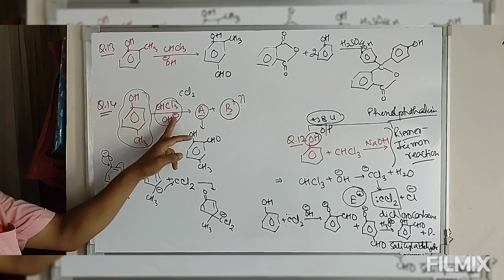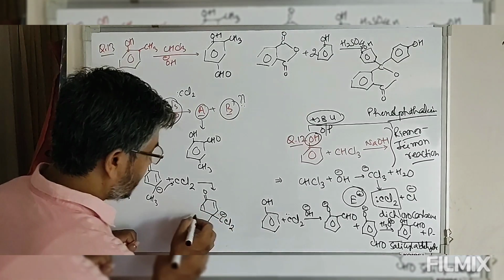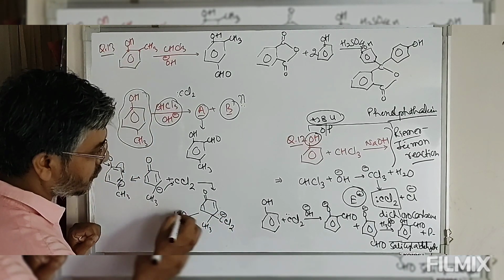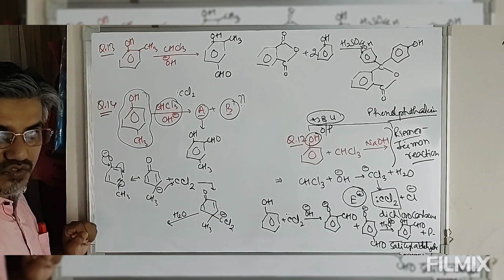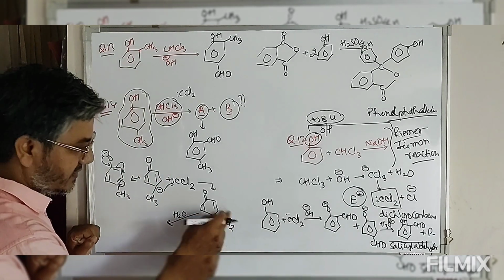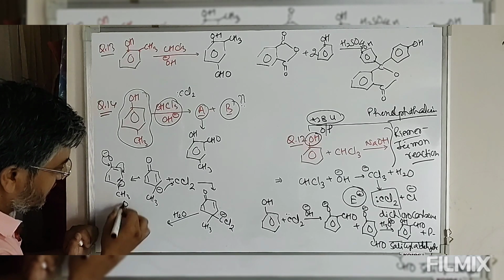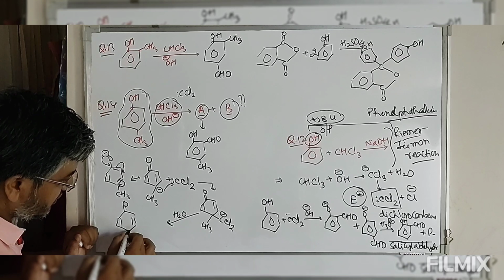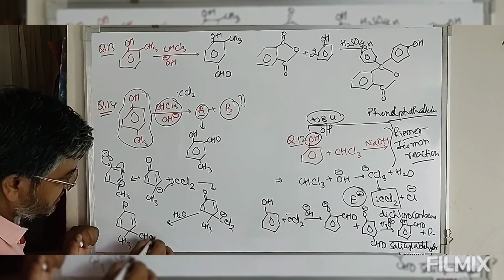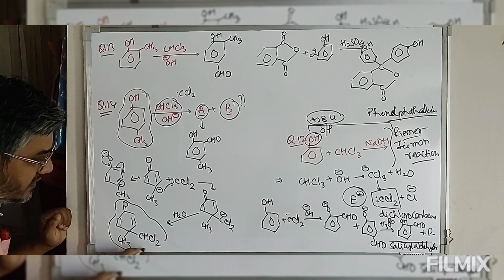This OH minus reacts with H plus to give you water, and finally this reacts with water. Why? Because carbon minus is a much stronger base than OH minus. So this water will act as an acid and this will act as a base. So finally this gives you CH3 and CHCl2. This is the abnormal product that is being formed.